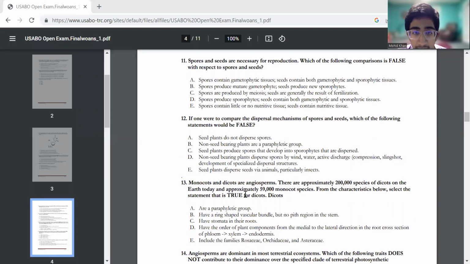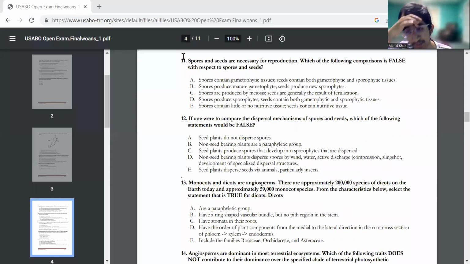Number 13, monocots and dicots are angiosperms. There are approximately 200,000 species of dicots on the Earth today, and approximately 59,000 monocot species. From the characteristics below, select the statement that is true for dicots. So dicots are a paraphyletic group, I guess.